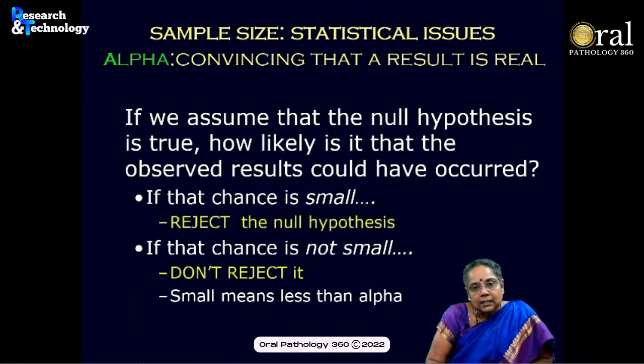If the chance is not small, if the p-value is greater than 0.05, the chance which I have given myself, then I do not reject the null hypothesis. So you accept the null hypothesis and say that probiotics do not reduce the prevalence of oral candida.